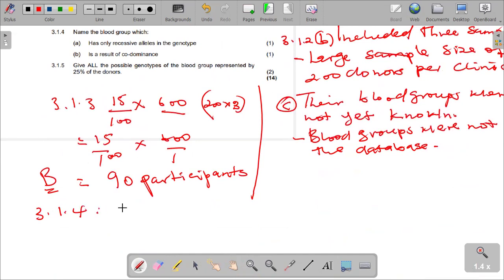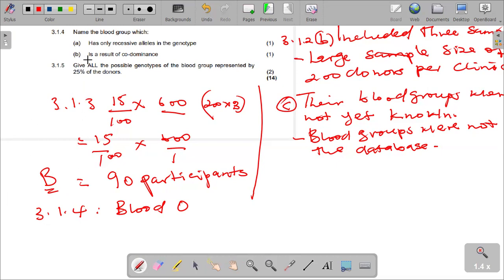It is blood type O. Blood type O is the only blood type which has got only recessive alleles in its genotype, because it can only form O when the two recessive alleles, ii, have joined together.